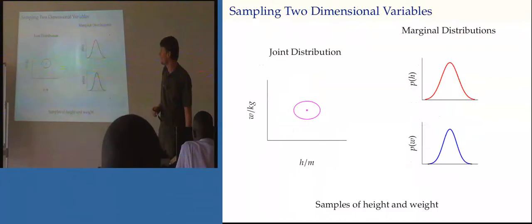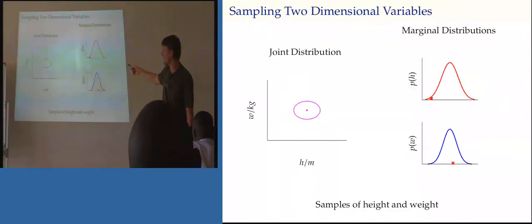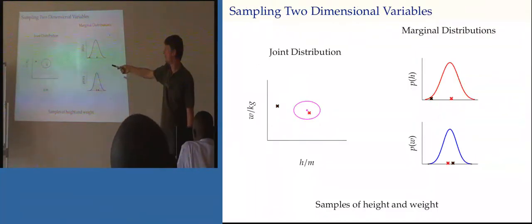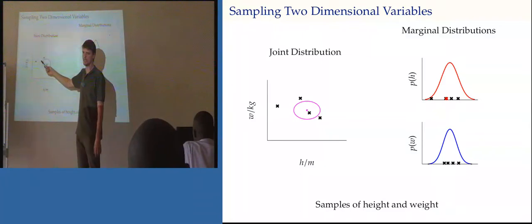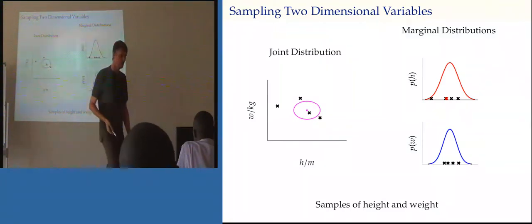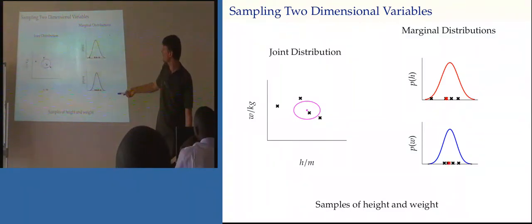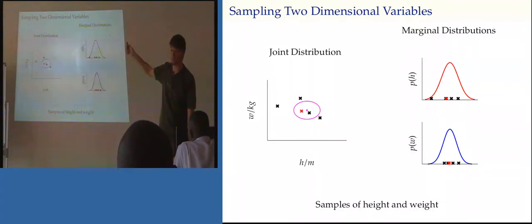So we can sample from distributions over height and weight, and we can plot them in a two-dimensional space. And what I'm showing here is one contour of the Gaussian density. So I'm sampling separately from these two distributions, which is what I just did when I sampled in Python earlier, and just plotting one against the other.